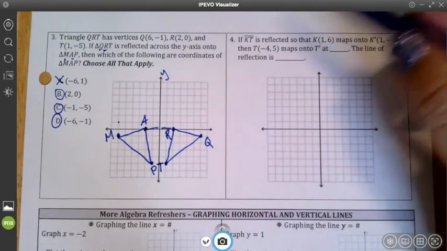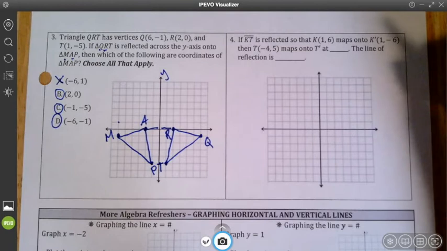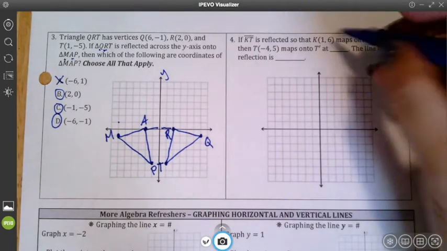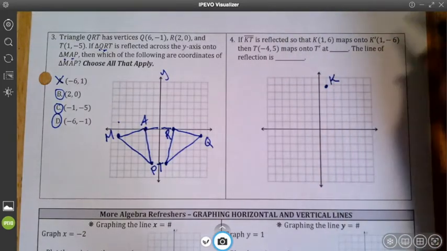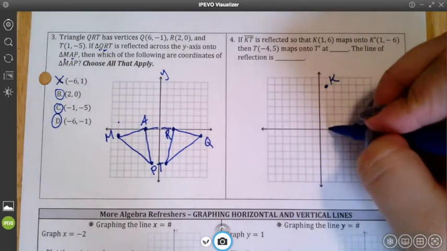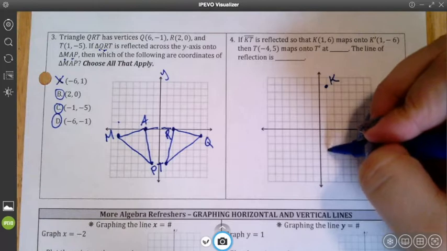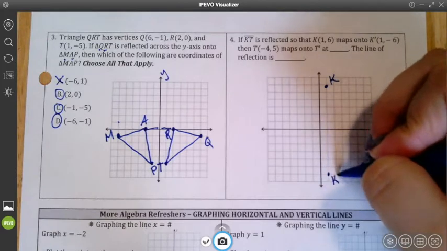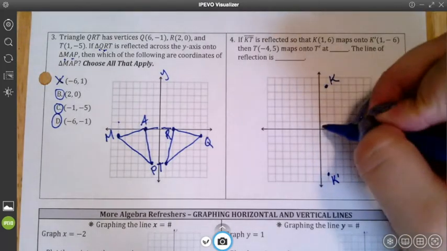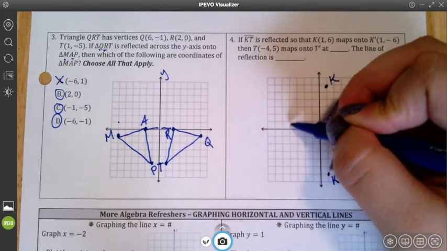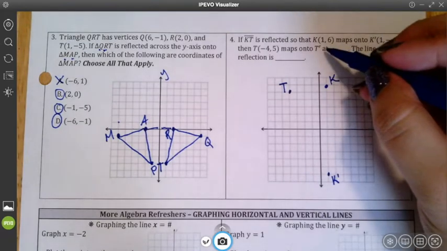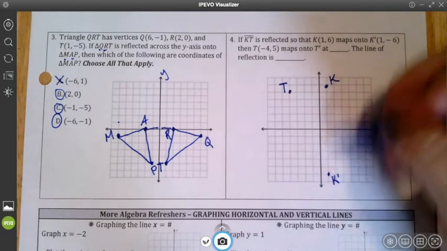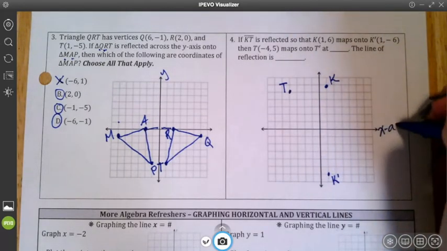In our next example, if segment KT is reflected so that K, 1, 6, maps to K prime, 1, -6, then T, which is -4, 5, maps to T prime at, if K goes to K prime, that was across the x-axis, right?